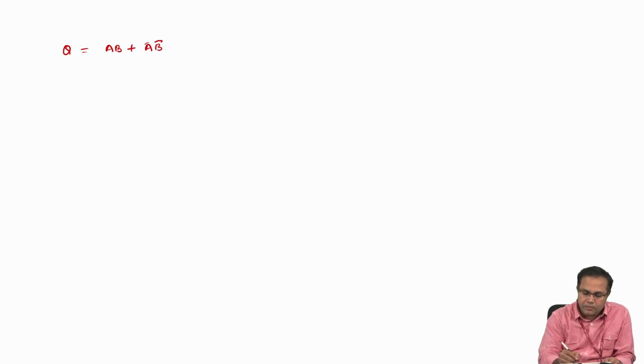Now when we realize this into the ladder logic, there are only two literals, A, which I'll take as normally open, and B again in series. Why? Because there is a dot operation.